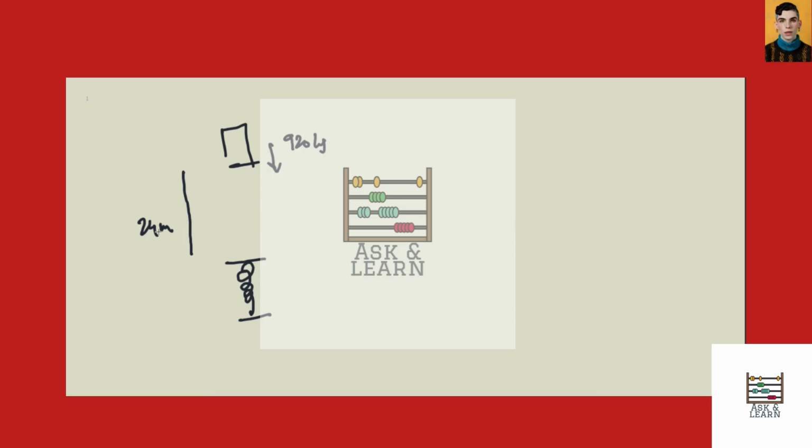So they say, find the work done by gravity on the elevator just before it hits the spring, just before it hits this point. The work done by gravity is the negative of the change in potential energy, which equals U1 minus U2, which is basically mg times y1 minus y2.